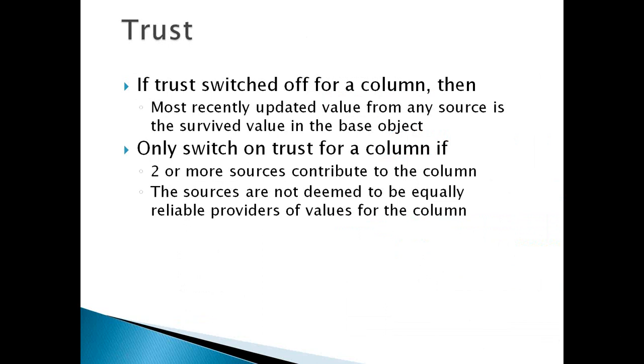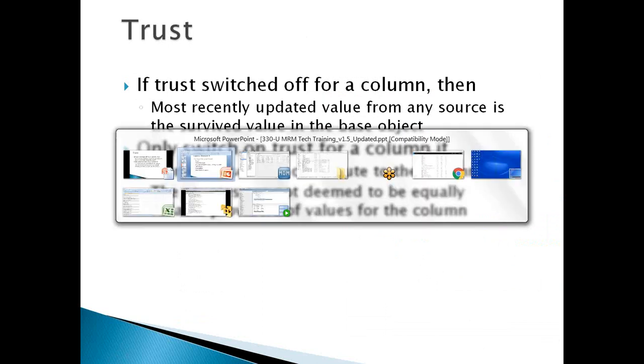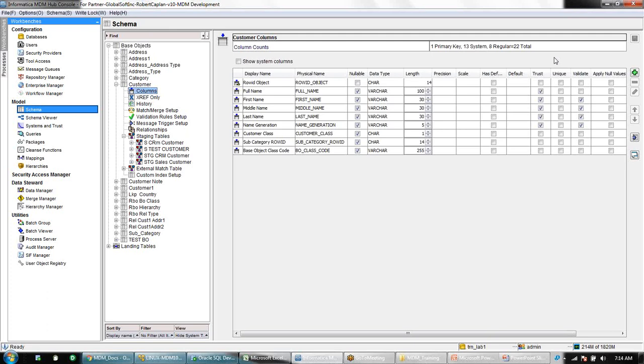So now let us go to the MDM and see how we enable the trust for any particular column. I am currently under the customer, and I have columns, basically.